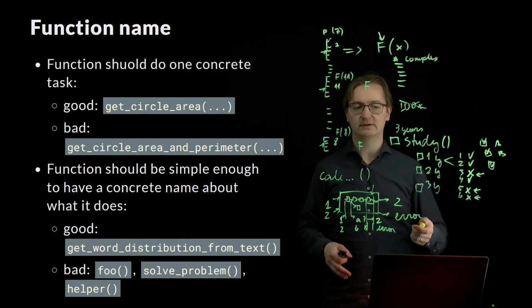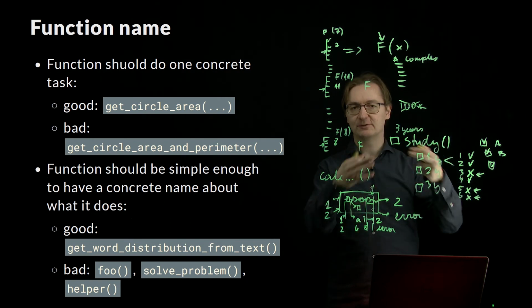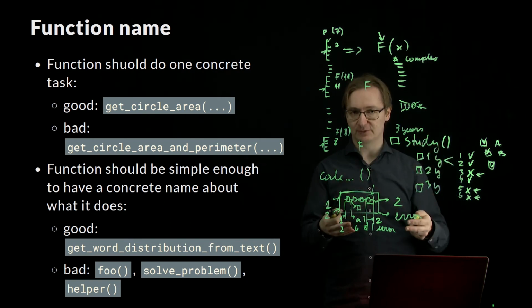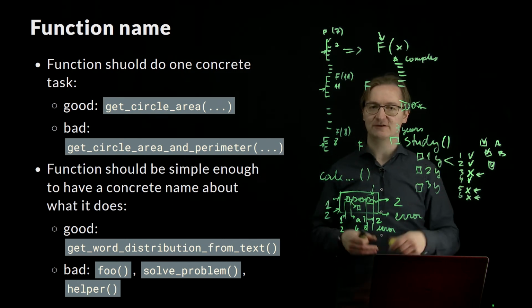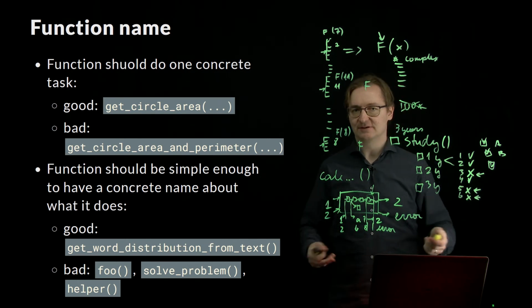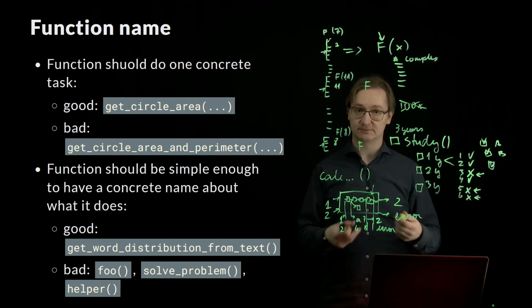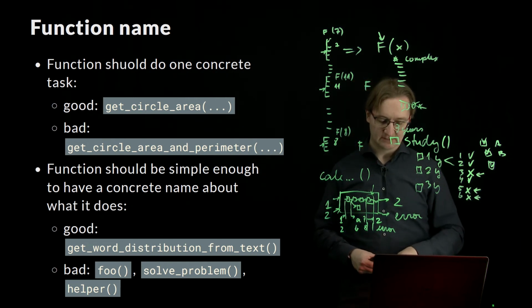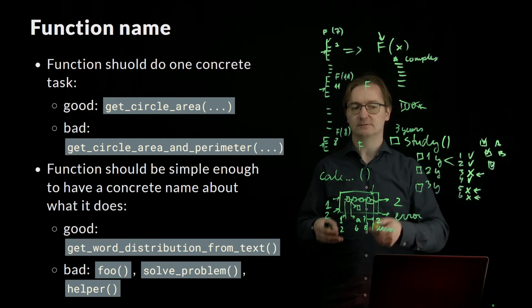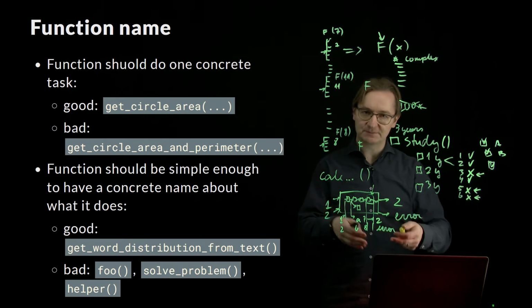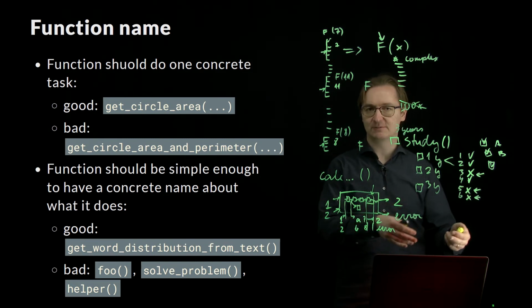In one program, we usually have several problems. So if I say that solve a problem is a function, then I wouldn't understand which problem we are solving here. Also helper. Helper for what? I understand that it helps us to achieve something, but what?